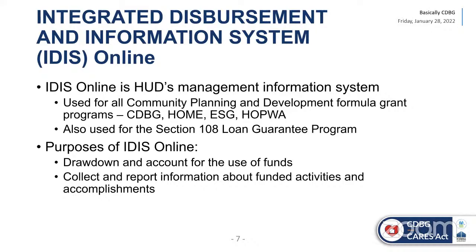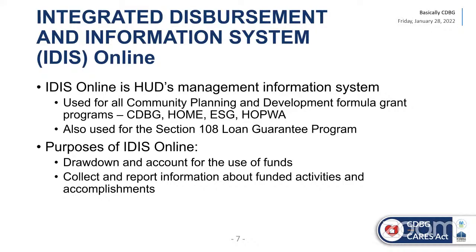The main purpose of IDIS Online, like its name, is to allow grantees to draw down funds. IDIS is an interface connected to the Treasury system, called the Line of Credit Control System.